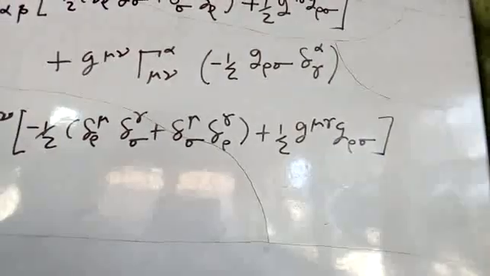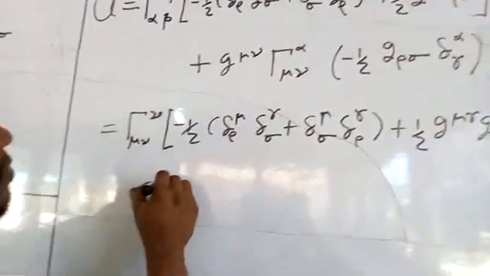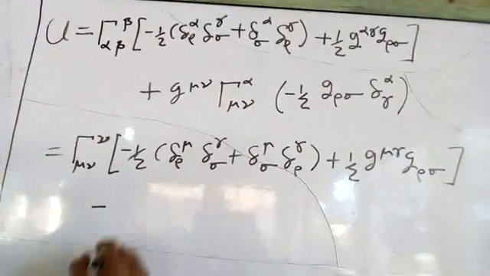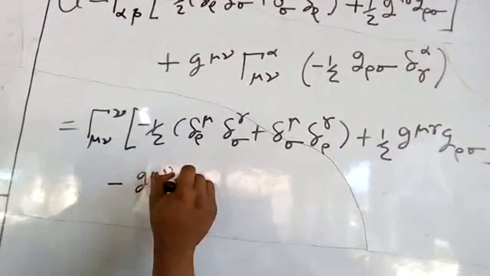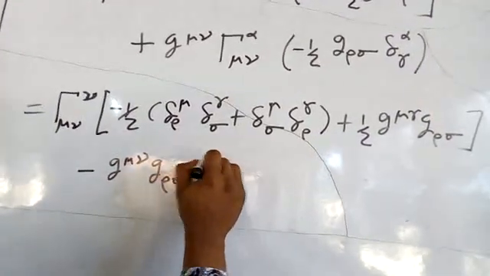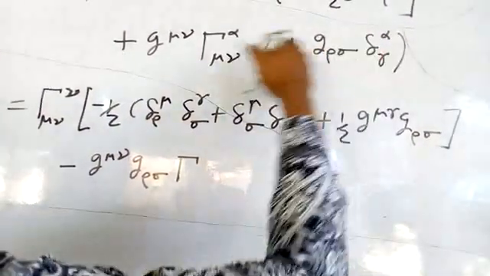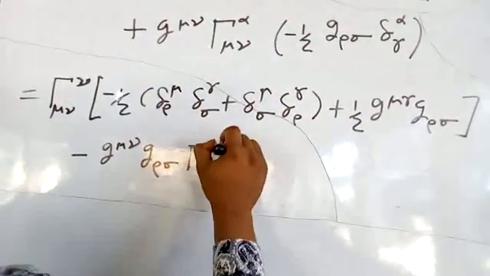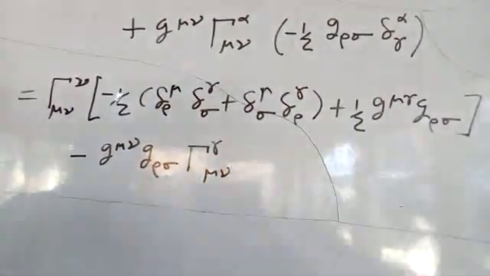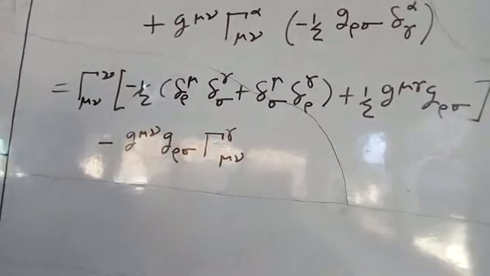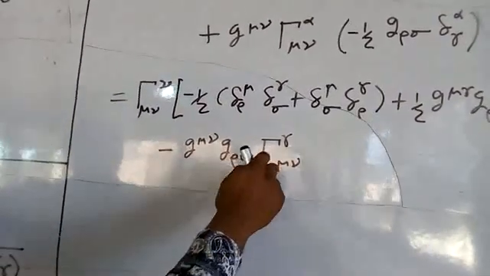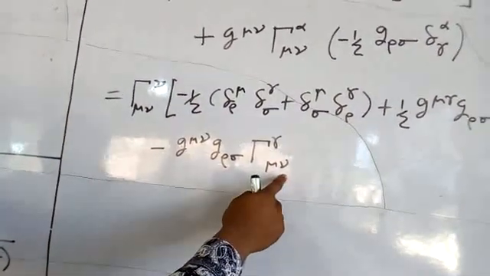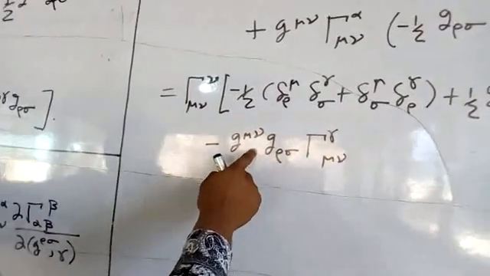And that is what we get. Then very quickly, this should be minus, I believe. G mu nu, g rho sigma, gamma here. The alpha, because of this conical delta, changes to gamma. This is mu nu. And I think we are all the same. This is gamma mu nu. This is rho sigma, this is mu nu.